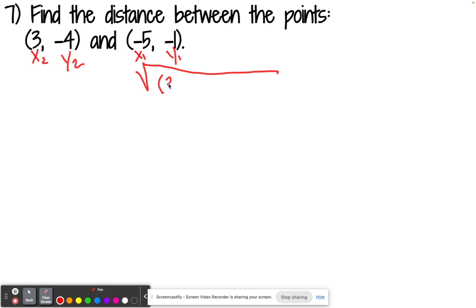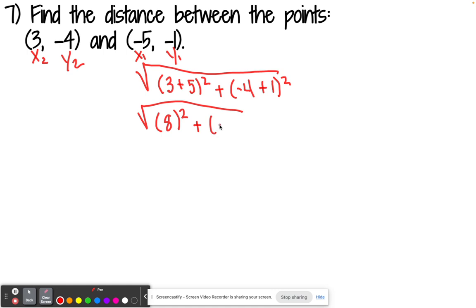So 3 minus -5 becomes 3 plus 5 squared, plus -4 minus -1 becomes plus 1 and squared. 3 plus 5 is 8 to the second power, plus -4 plus 1 is -3 to the second power.